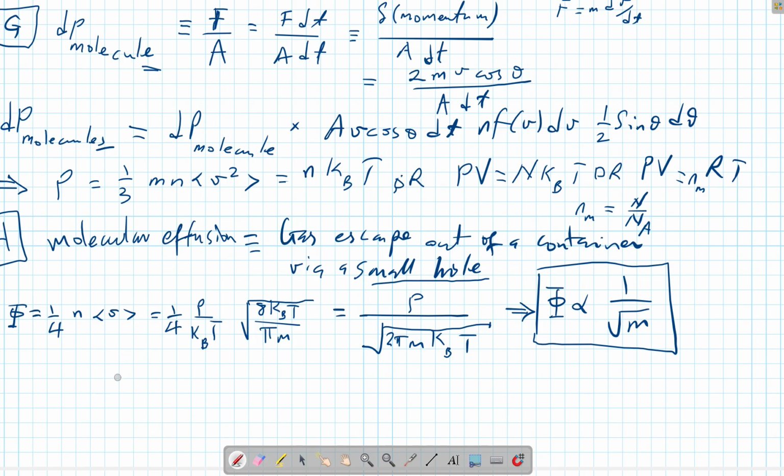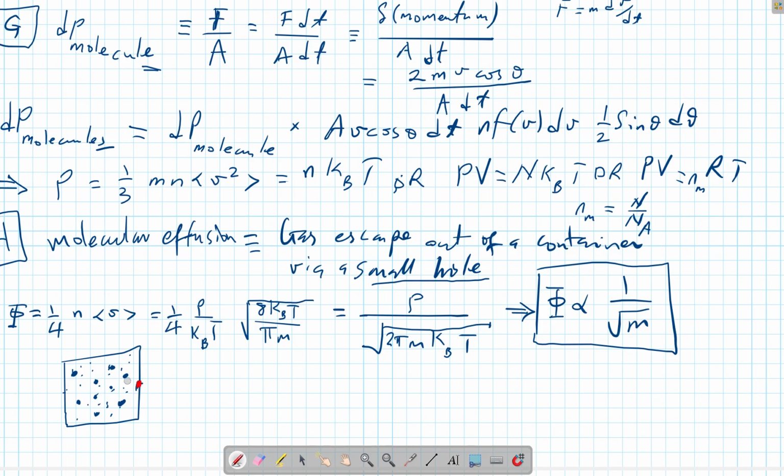For example, if you have a container with different types of molecules with different mass, you can use this property that the effusion of gas out of a small hole in a container depends on the mass.